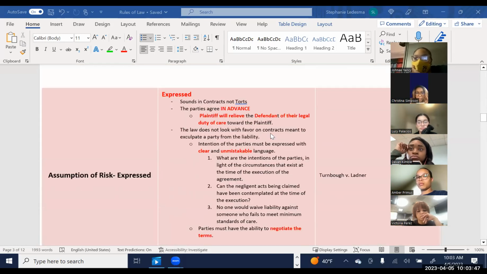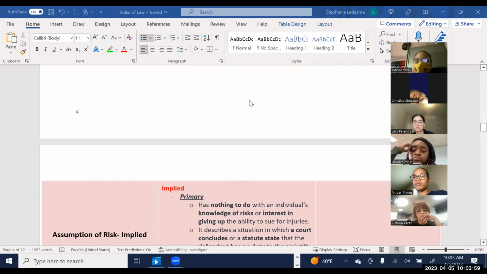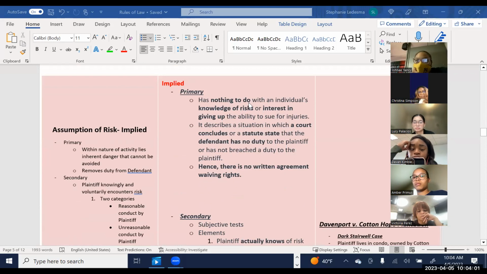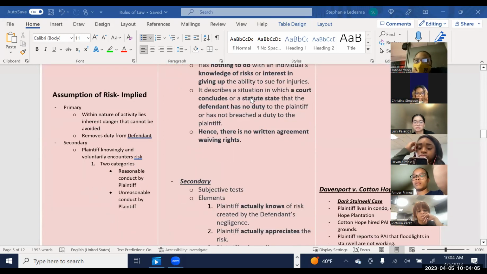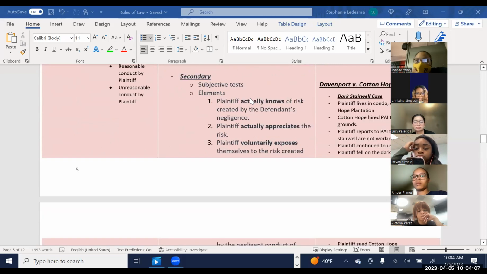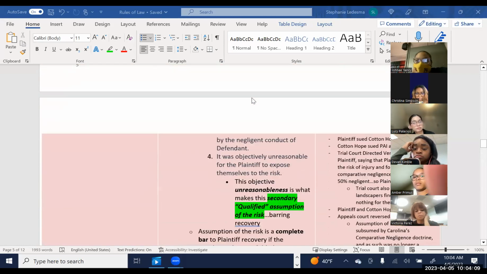Continued on to assumption of the risk, started to use some color because assumption of the risk was a little more complicated in that we have expressed assumption of the risk, and then we have implied assumption of the risk, and under implied assumption of the risk, we have primary assumption of the risk, secondary assumption of the risk, right?